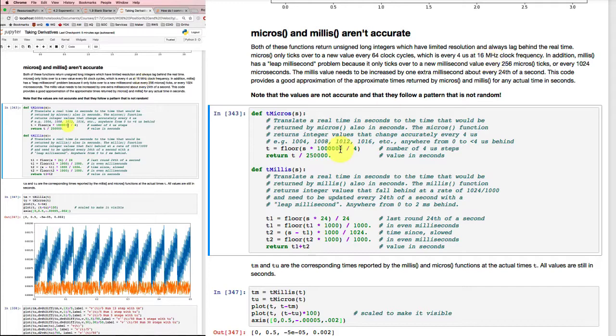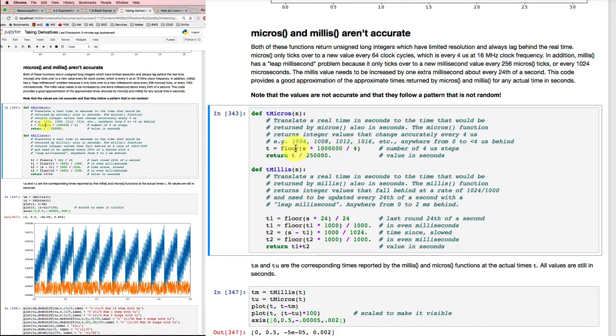As a result, if we wanted to know what the time was in micros returned by the micros function as a function of the actual time, we'd have to take the value that we've got and figure out how many 4 microsecond steps there had been since the reset time. Then we would take that number of steps, this is going to return a float value.